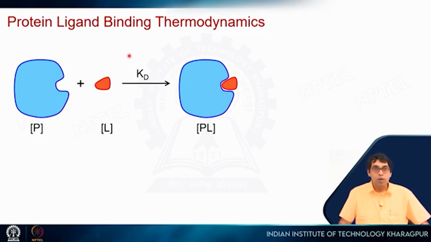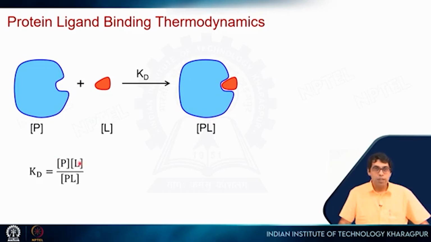There is something called the dissociation constant that we use to define how tightly the ligand binds to this protein. We define the dissociation constant by this, where [P] in this third bracket is the concentration of the free protein, [L] is the concentration of the free ligand, and [PL] is the concentration of the protein-ligand complex.